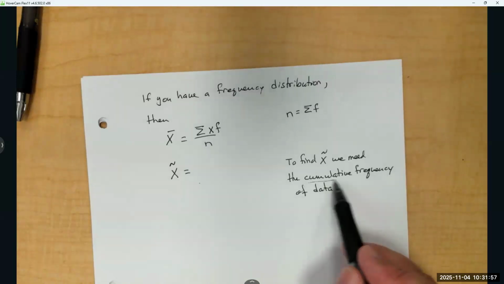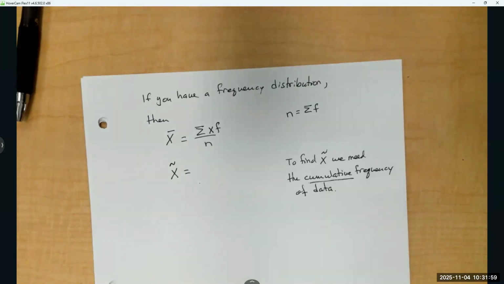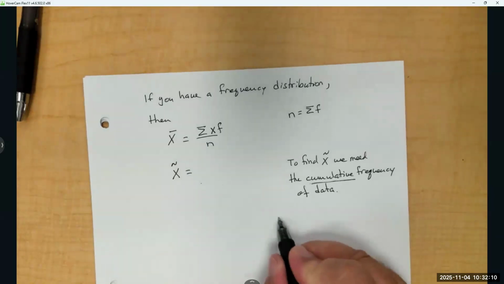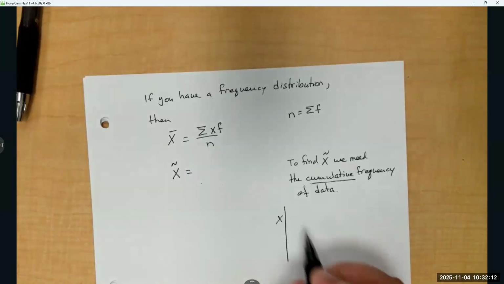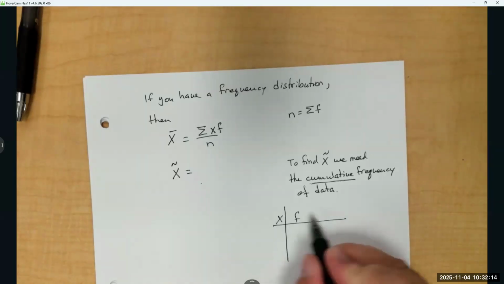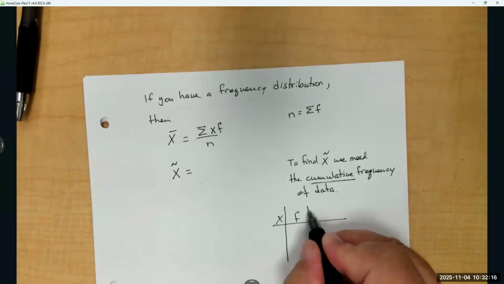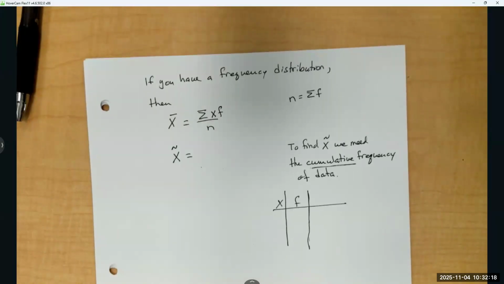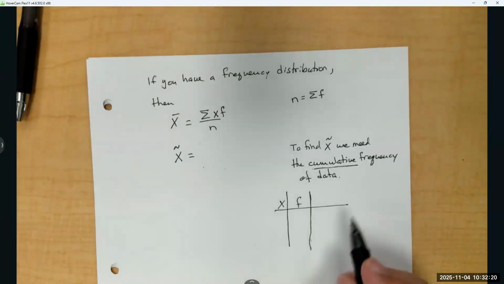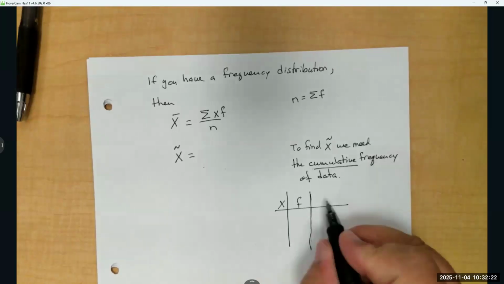What does cumulative mean? Overall. Very good. Yeah, the cumulative final exam is over the entire semester. So, the cumulative frequency.